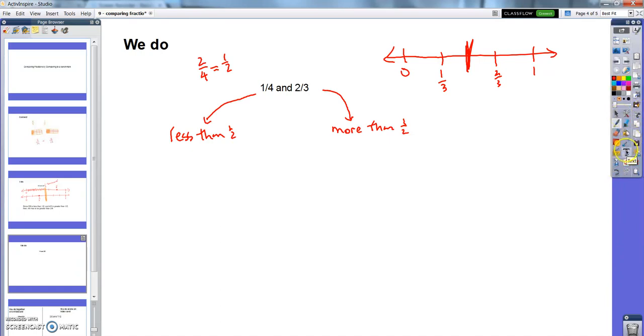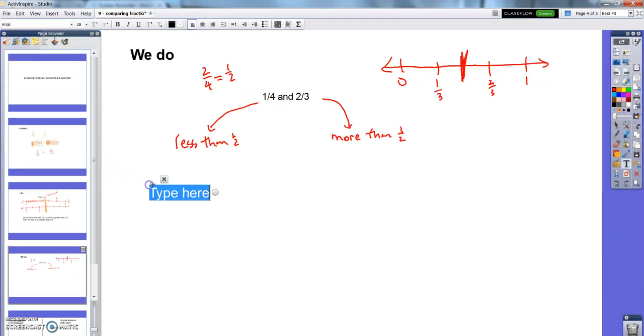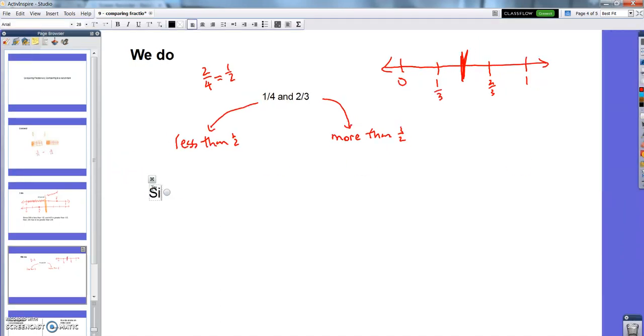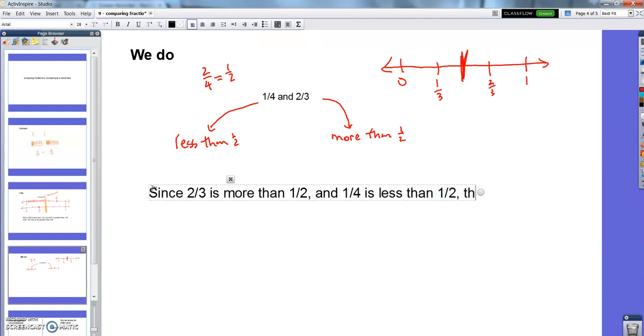And all you have to do, if that's the case, is say, well, since 2/3 is more than a half, and 1/4 is less than a half, then 2/3 must be greater than a fourth. And that's how it works.